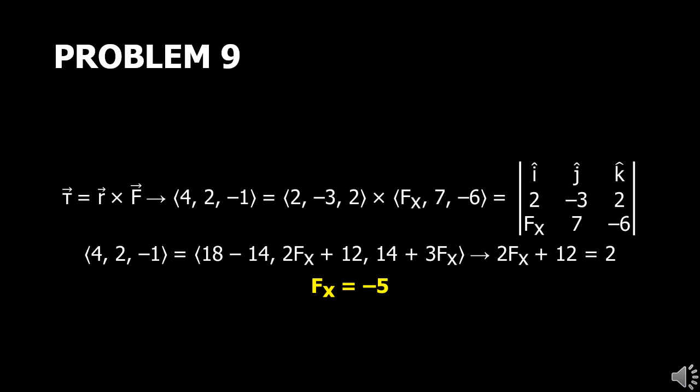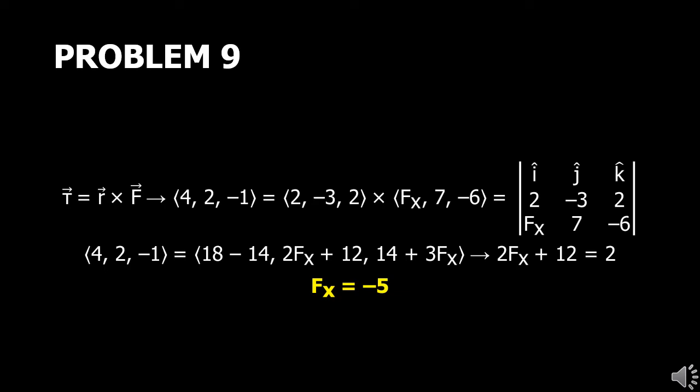So, una, isulat muna natin yung mga binigay sa atin. So, what is our position vector? Susulat natin siya in vector notation. So, that is 2, negative 3, and positive 2. Tapos, binigay sa atin yung value noong force that is, ay nawawala, Fx, then 7, negative 6.